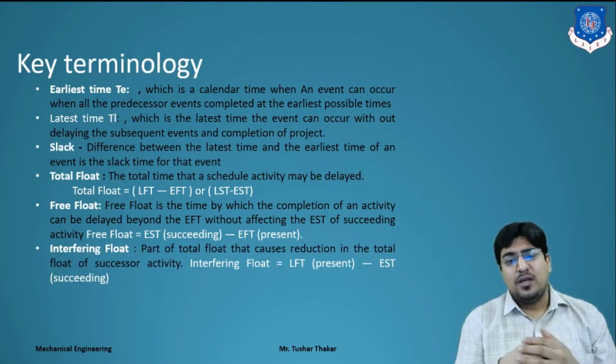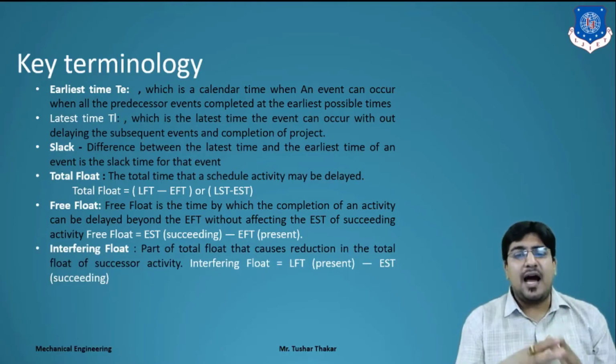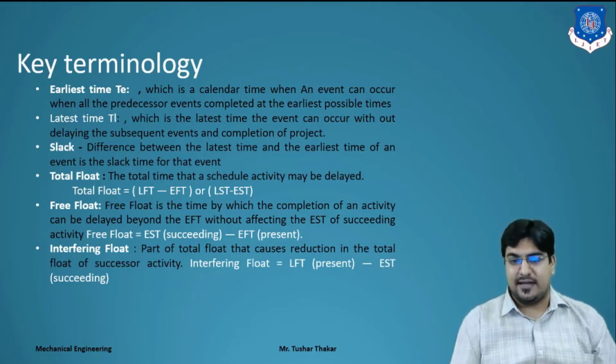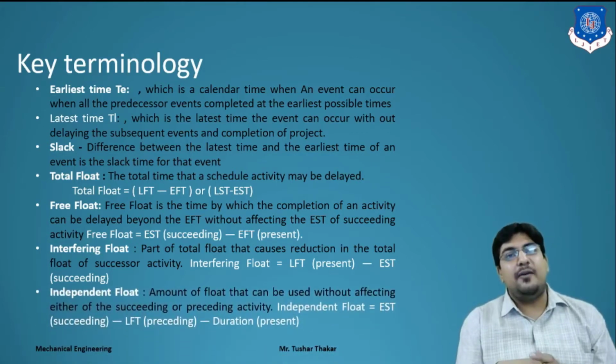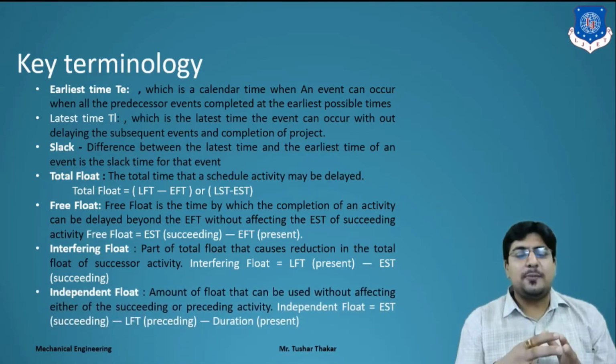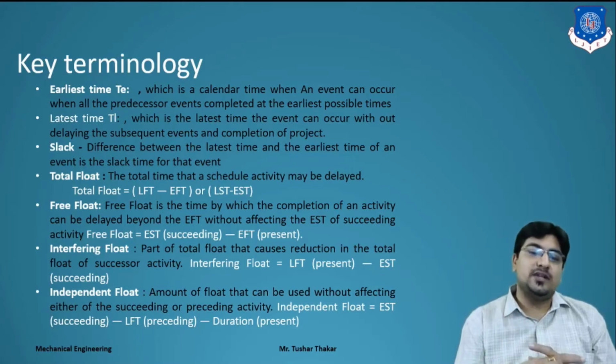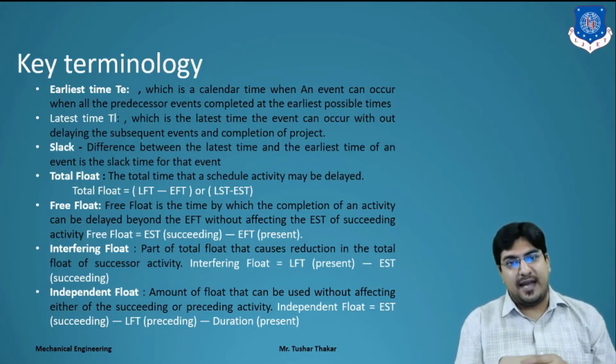Interfering float is the part of the total float that causes a reduction in the total float of the succeeding activities. Its equation is the latest finish time of the present activity minus the earliest start time of the succeeding activity. Independent float is the amount of total float that can be used without affecting either the succeeding or the preceding activities.